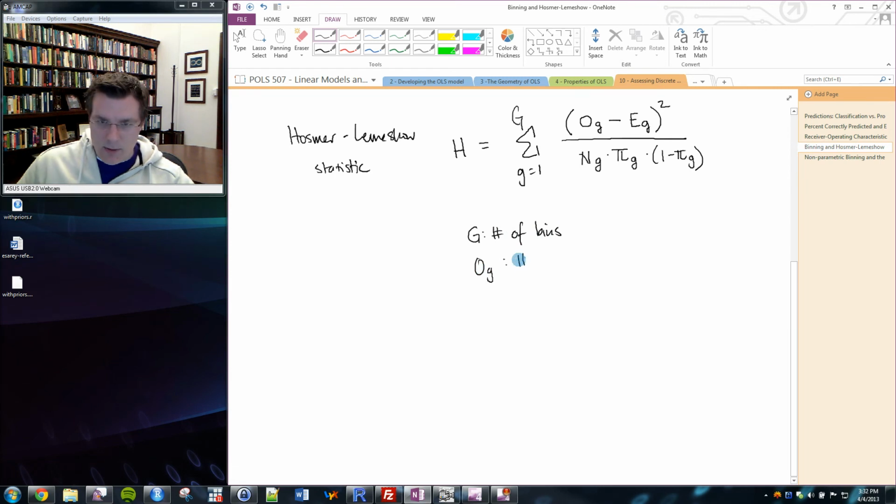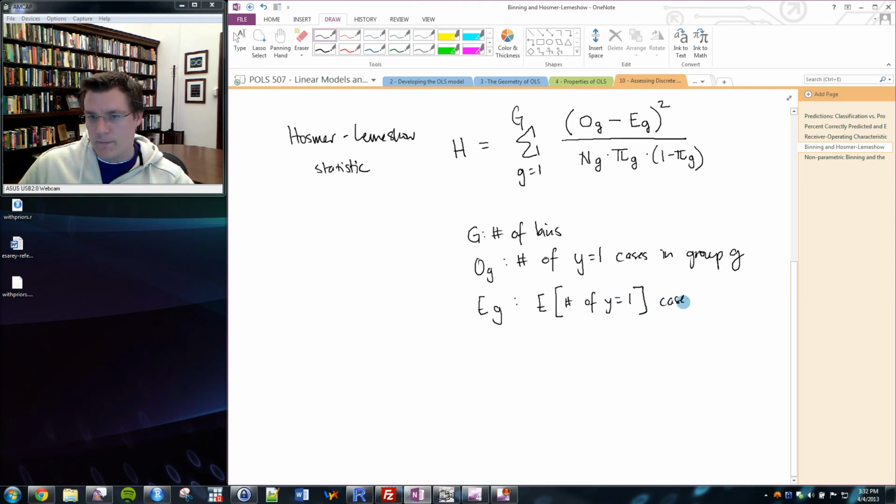OG is the number of Y equals 1 cases in group G. EG is the expected number of Y equals 1 cases in G, and this will be determined by the fitted values pi and the number of cases in the bin, cap NG. NG is the number of cases in the bin.